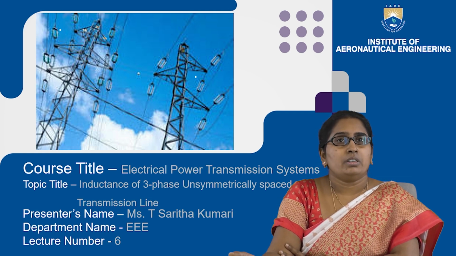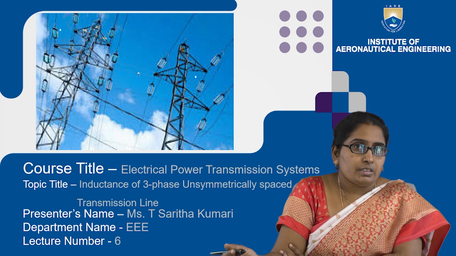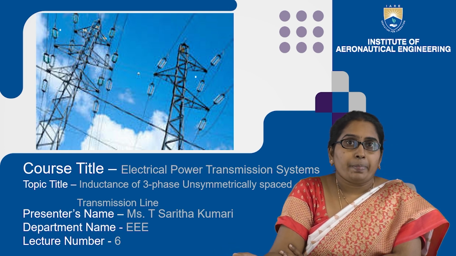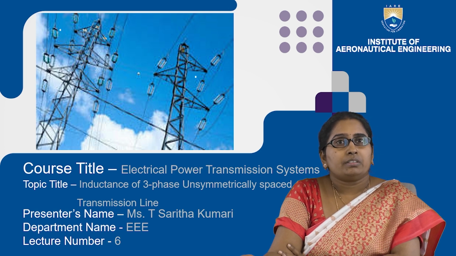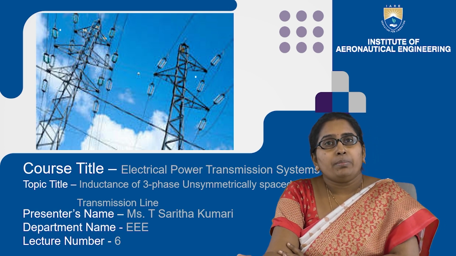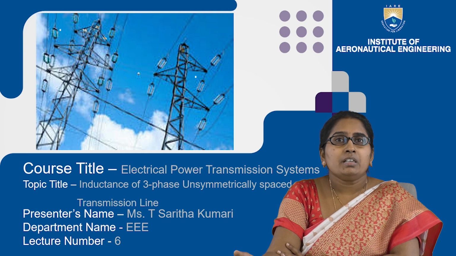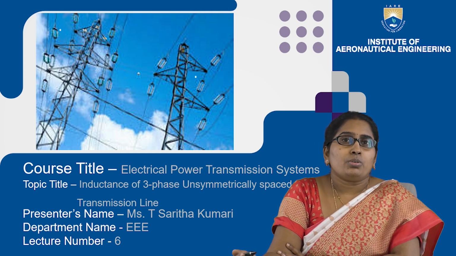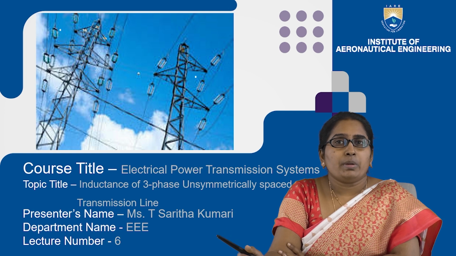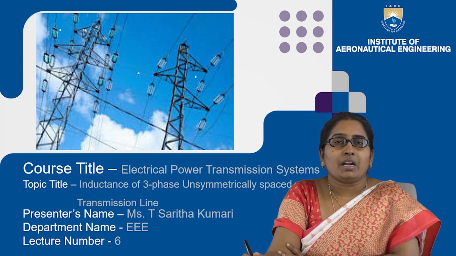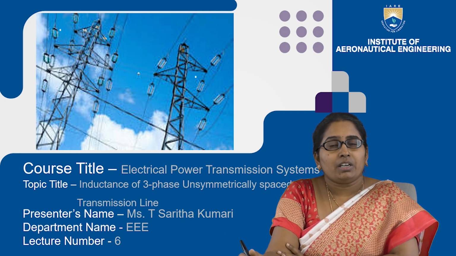So now we see the inductance for three-phase line. An unsymmetrical three-phase line means that basically there are three conductors, unsymmetrically spaced, which means the distance between the conductors is unequal.